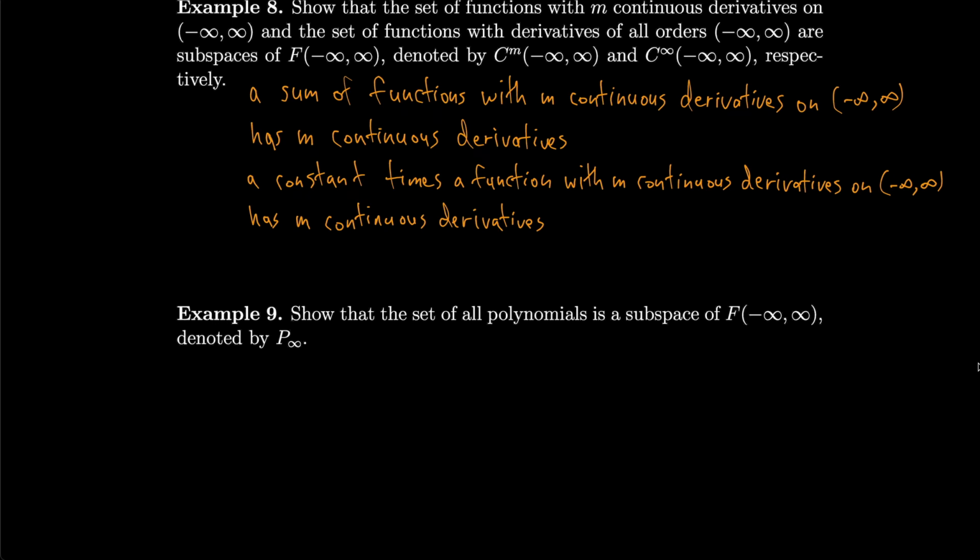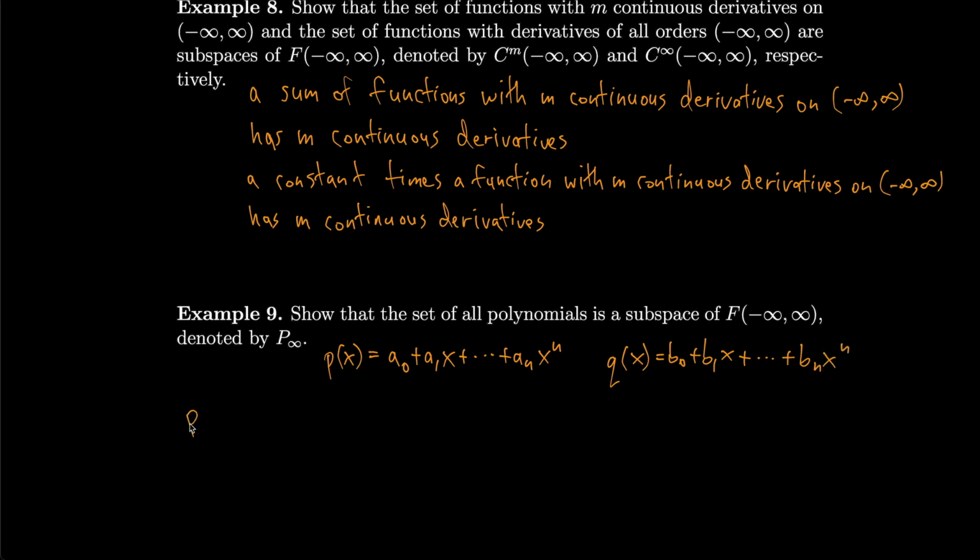Okay, how about we show the set of all polynomials is a subspace of F(-infinity, infinity). We'll denote that by P infinity. So let's come up with two arbitrary polynomials. How about p(x) equals a0 plus a1x and so on through anxn, and we can let another polynomial be q(x), so that'll be b0 plus b1 times x, and so on to bnxn.